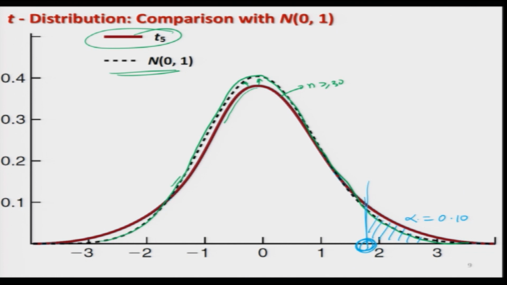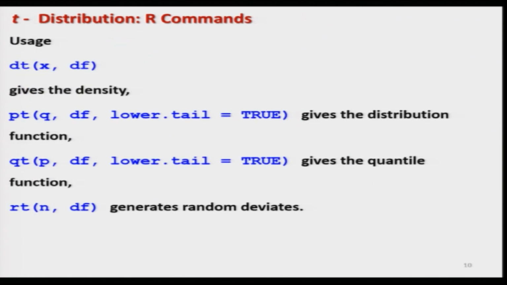That is why many times we say that n greater than or equal to 30 can be considered a large sample. The reason I will tell you later on, but it is because the t distribution and normal distribution for degrees of freedom greater than or equal to 30 are identical.